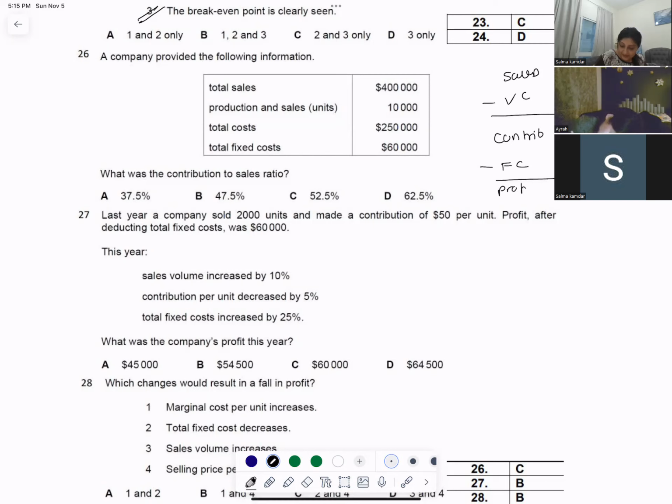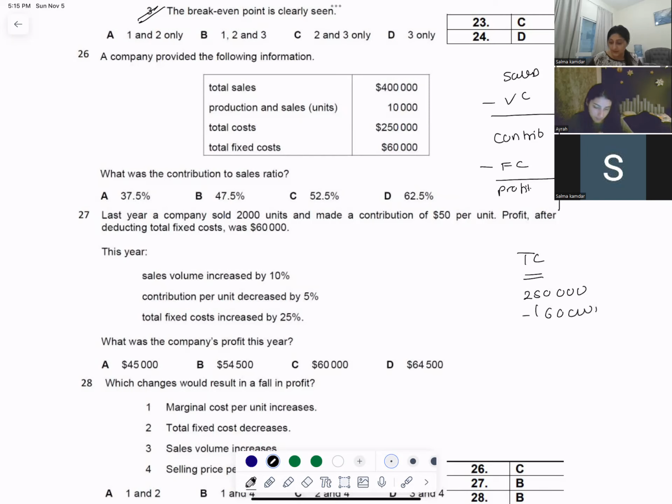Your fixed cost is how much? 60,000. Your total cost is how much? 250,000. So variable cost will be 250 minus 60, so it will be 190,000.